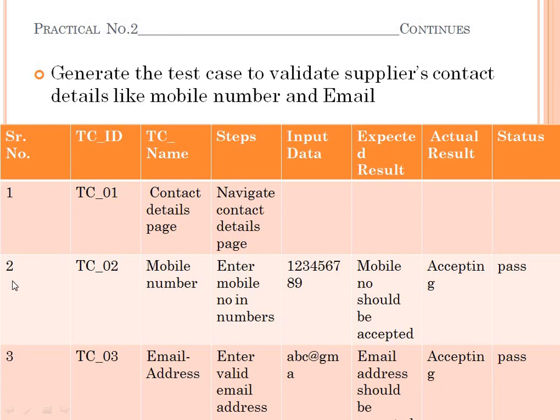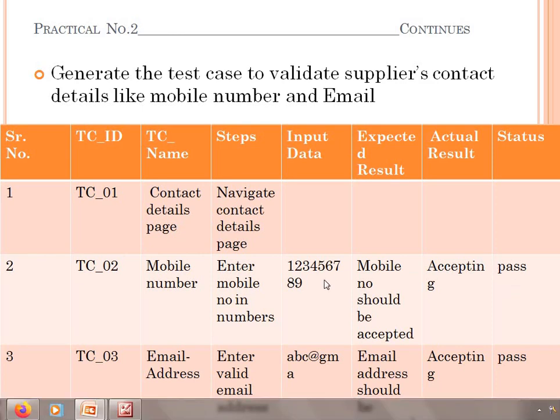Then the second test ID is TC02. The test case name is mobile number. Step: enter the mobile number in numbers. Here we put the mobile number in numbers, not characters. If we enter characters, then the status is fail.